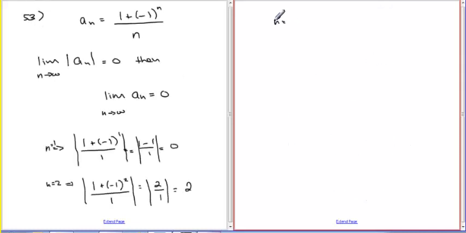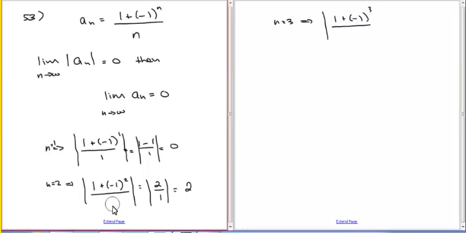So let's say you take n equals 3, you get 1 plus negative 1 to the third power over... oh, I messed up over here. This should be 2 right here. So it's actually 1.